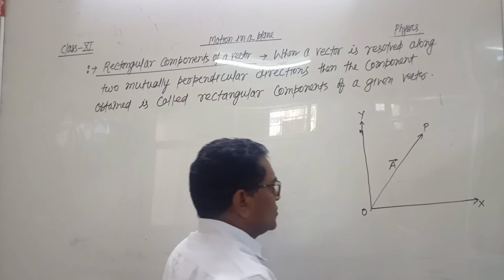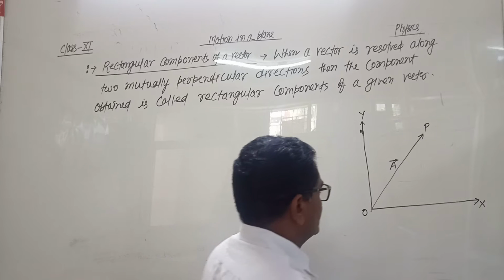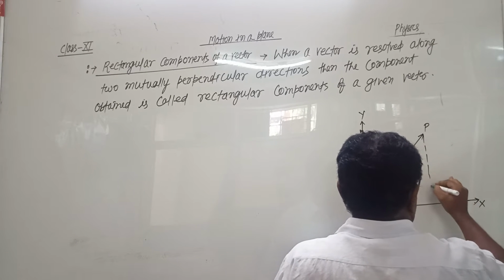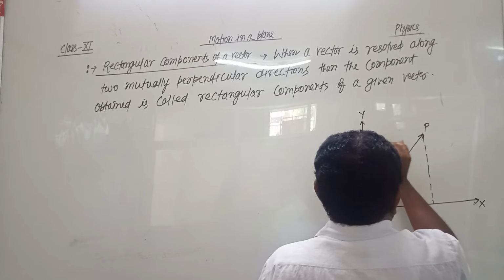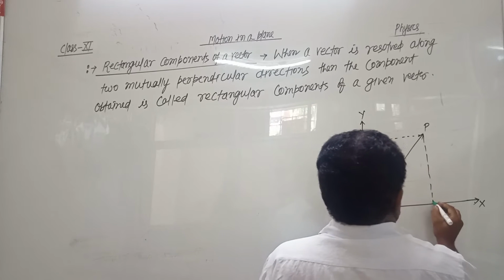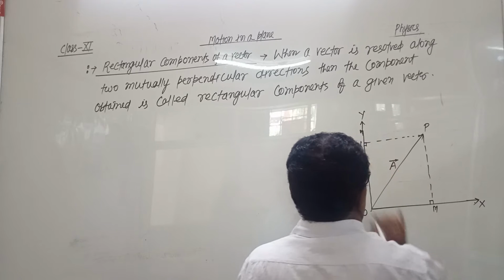From point P we draw a perpendicular on the x-axis and a perpendicular on the y-axis. Name them M and N.